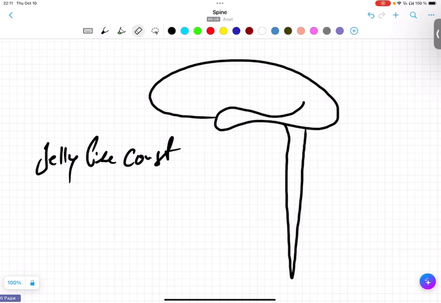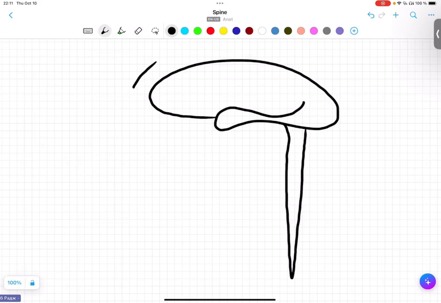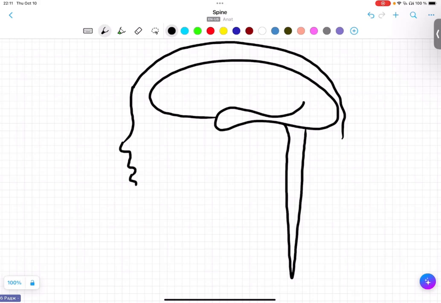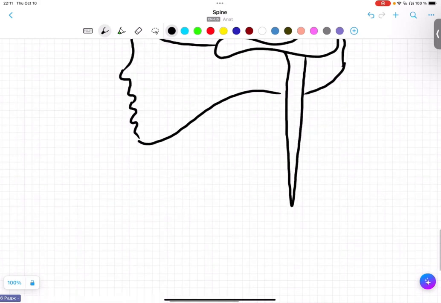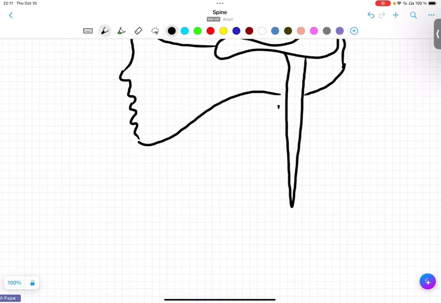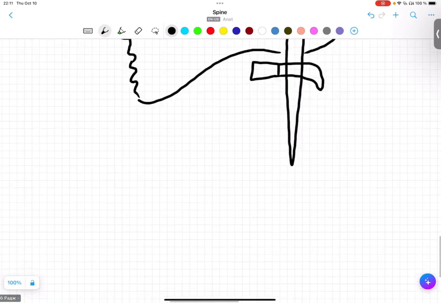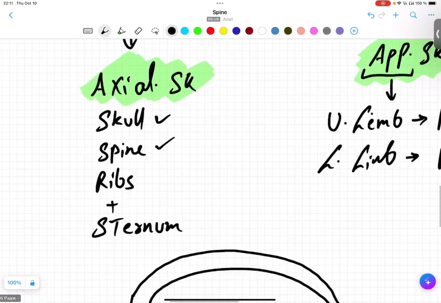And now if something is so soft, you need some sort of protection. And that is why, for the protection of the brain, you have the skull. I'm sorry for the diagram. And for the protection of the spinal cord, you have the vertebrae. So that's true.